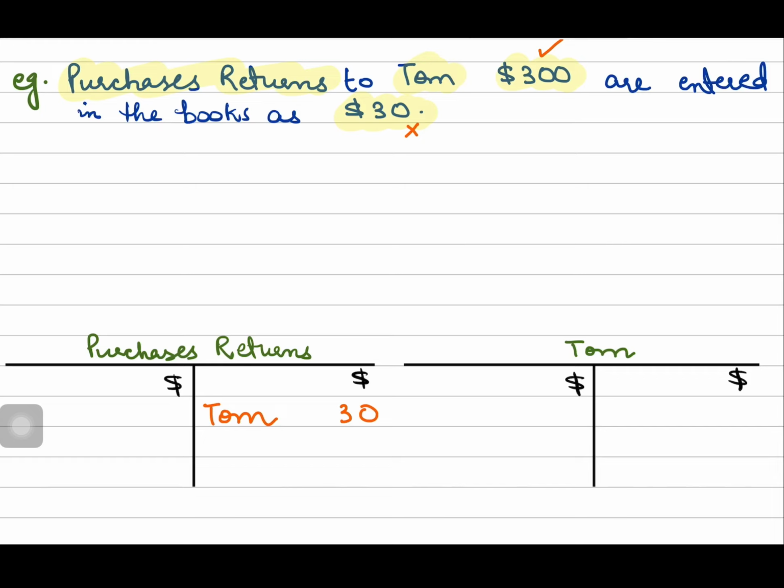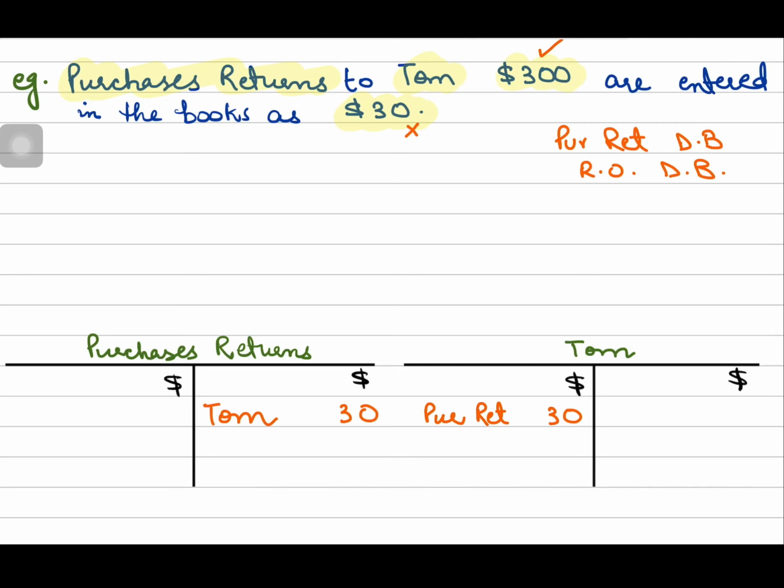So, your supplier, that is Tom in this case, will be debited, but not with 300 but with $30. This type of error is called error of original entry because the wrong amount would have been posted in the purchases returns day book or the returns outwards day book, and from that day book, it is wrongly posted in the accounts as well.